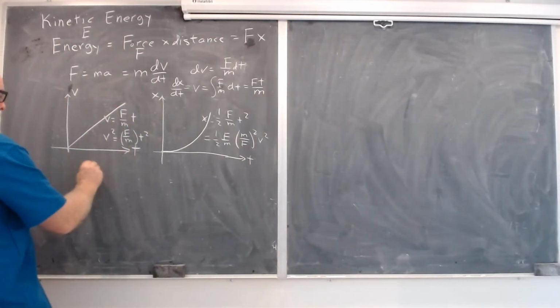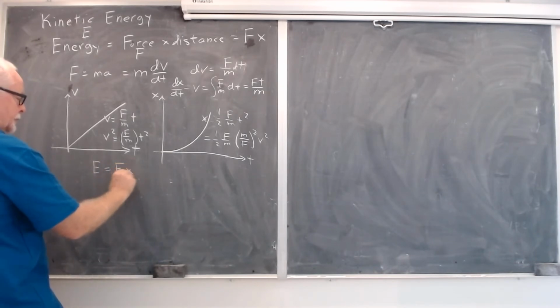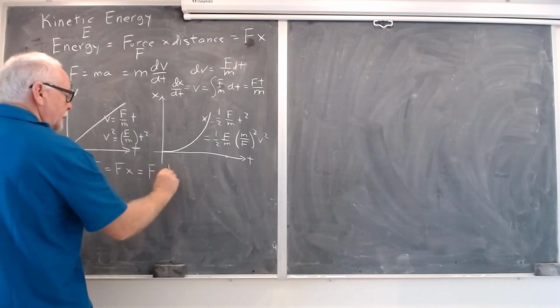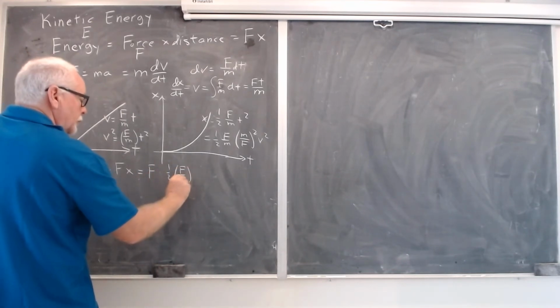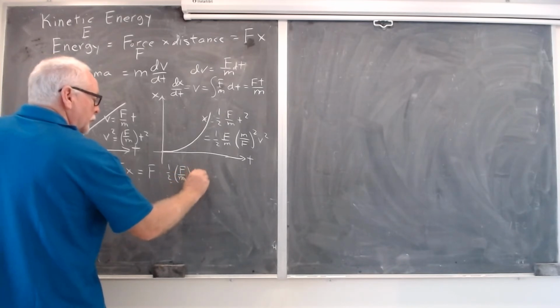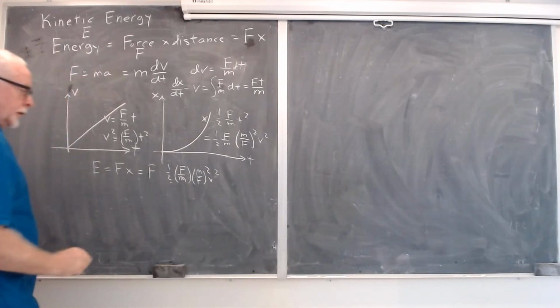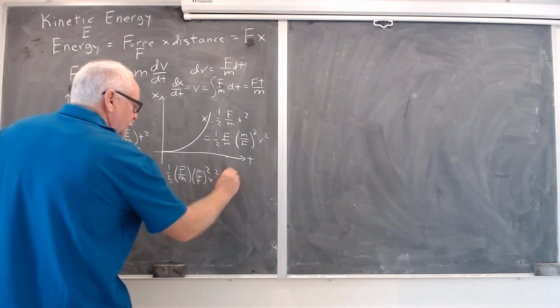And so energy is equal to force times distance is equal to force times 1/2 F over m, over F squared, v squared, and you can see that the F's cancel and we're left with 1/2 mv squared.